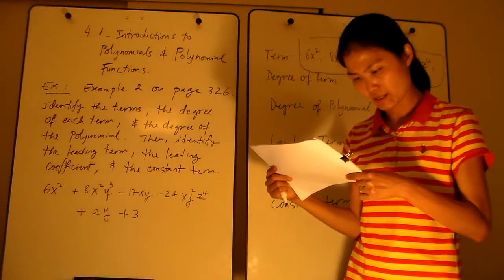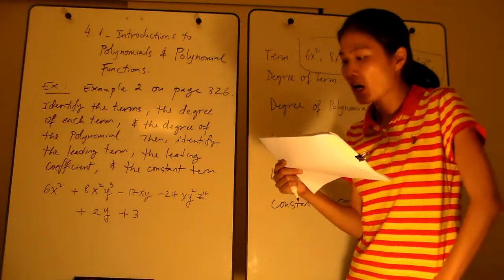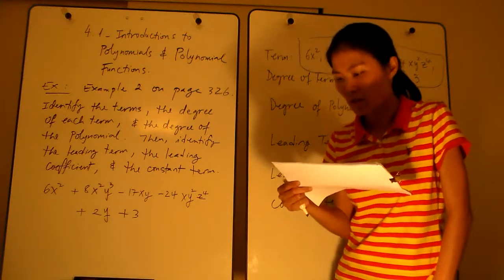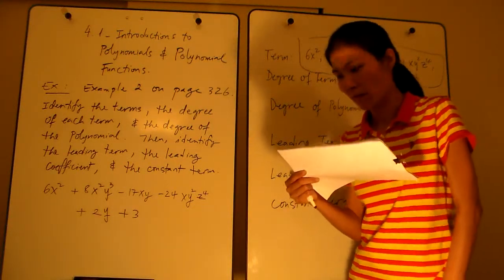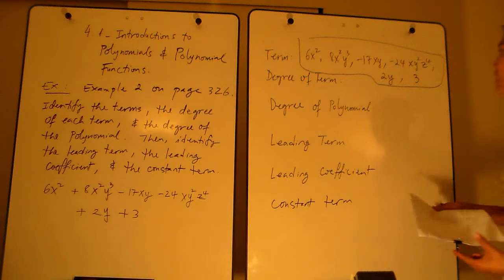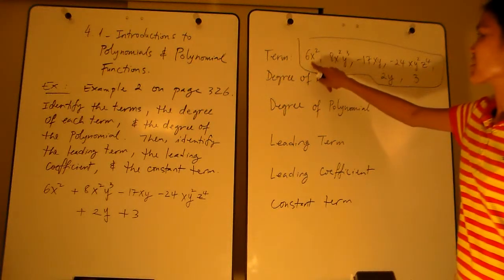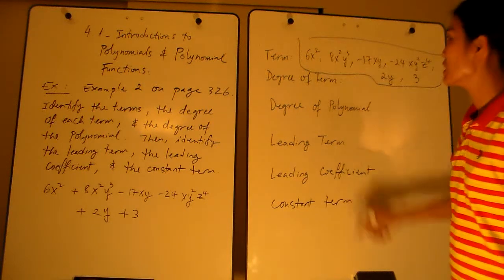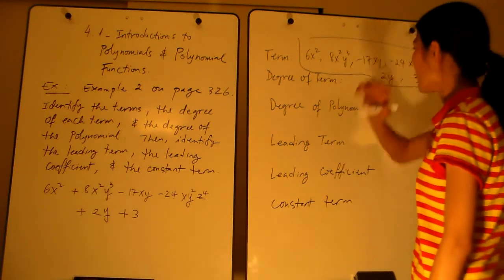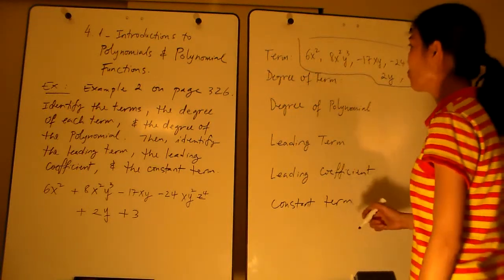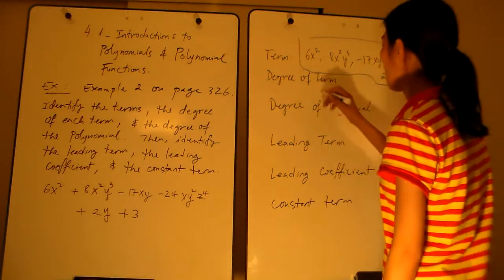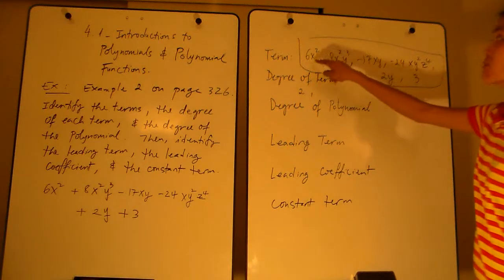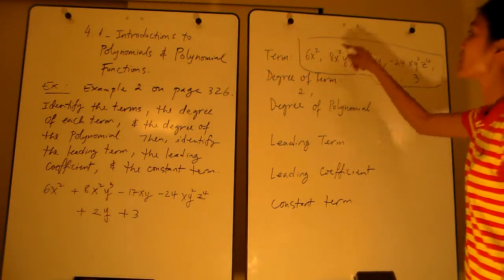Now we need to find the degree of each term. The degree of a term is the sum of the exponents of the variables, if there are variables. Look at the first term, 6x to the second power. The exponent is 2, so the degree of this term is 2. How about the second term?